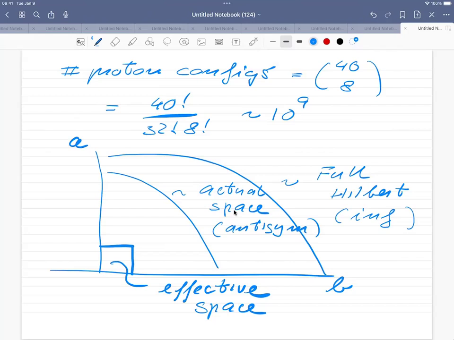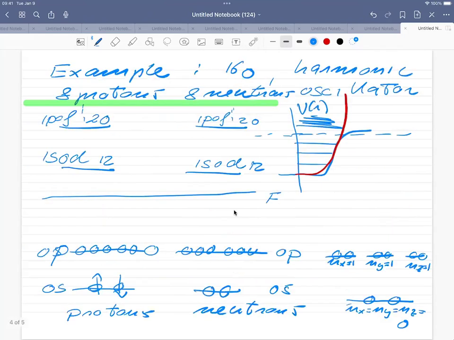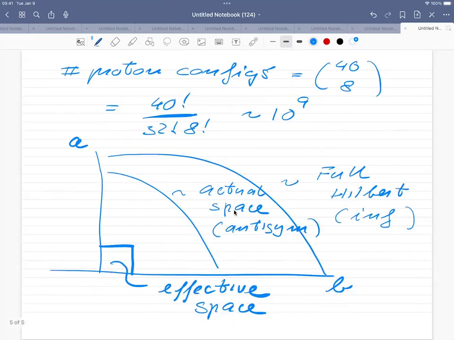So you see that even such a system here, where we have made an effective Hilbert space, which only contains 40 single particle states, this is a huge dimensionality. The total number of Slater determinants for this system is equal to the number of proton determinants times the number of neutron determinants, which means that the total dimensionality for this problem is 10 to the 18.